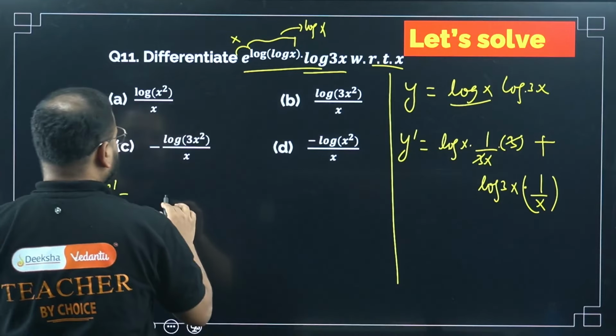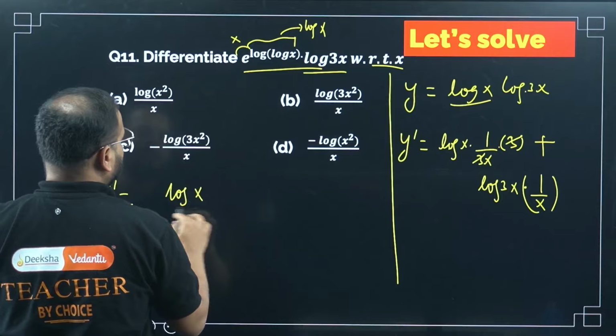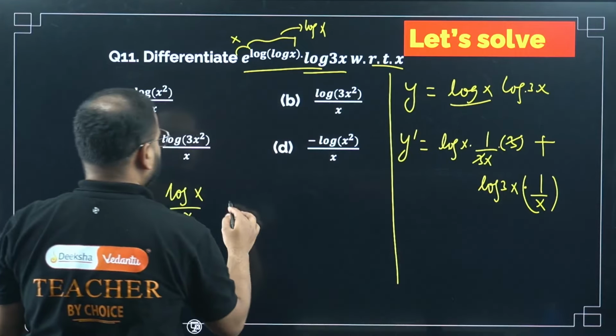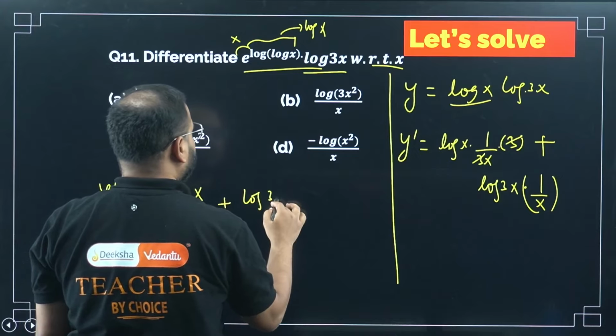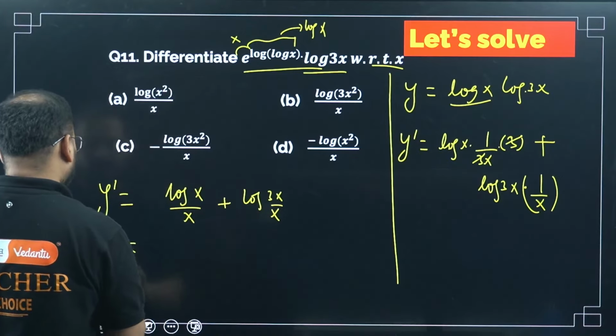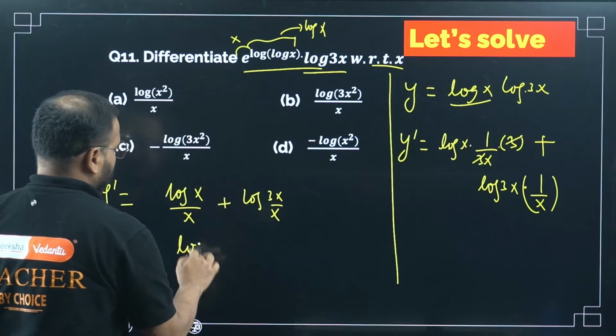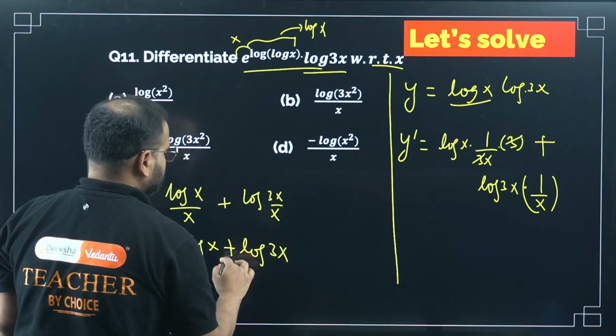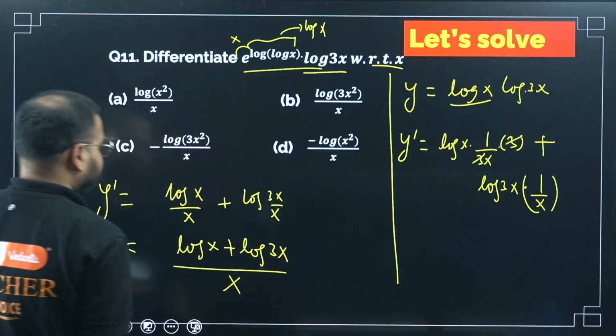So simply write it as log x upon x. Over here what can I write? Log 3x upon x. Please check. X is the same denominator, so I can take it common as log x plus log 3x upon x.